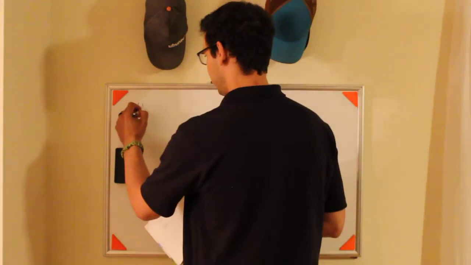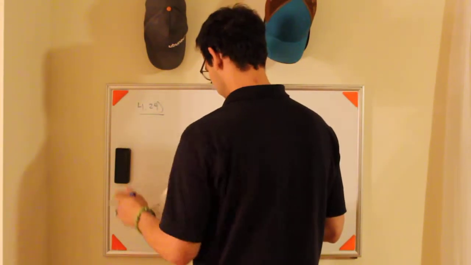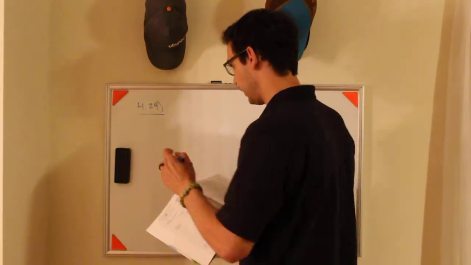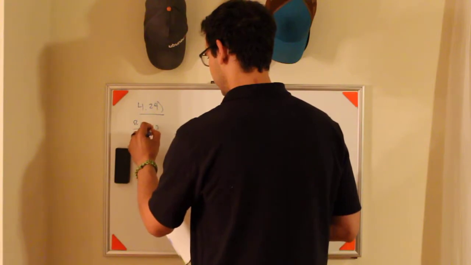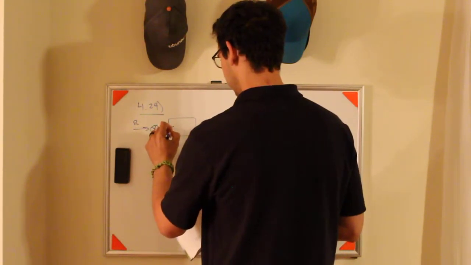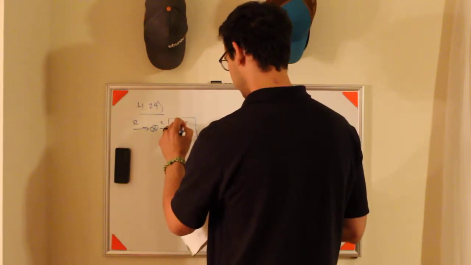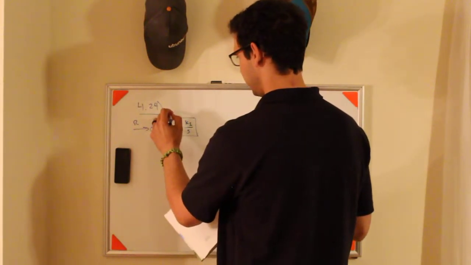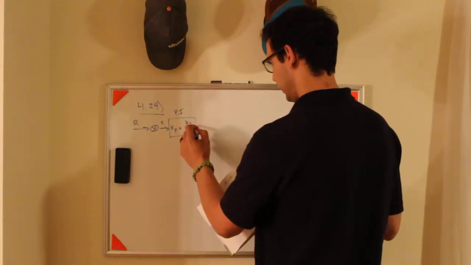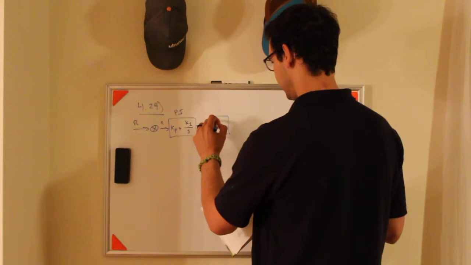4.24, let's see. Consider the system shown in figure 4.45. So there's a control block diagram here, Kp. So we've clearly got proportional integral control here, and then it hits the plant.